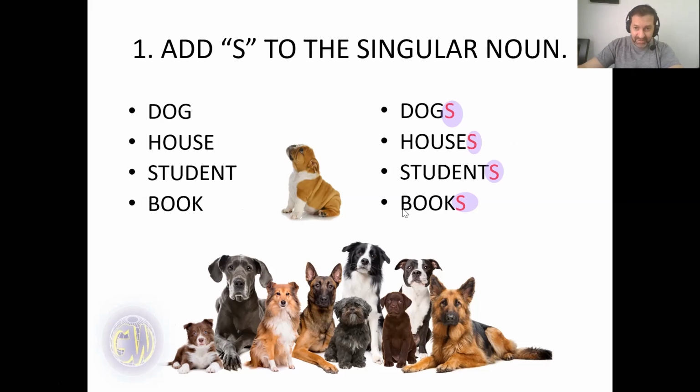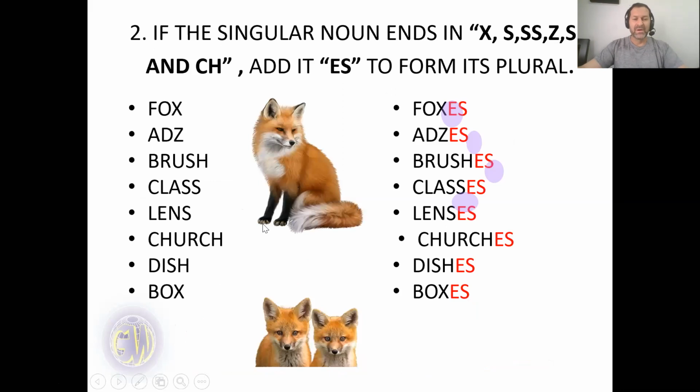Here we have another rule. Rule number two. It says if the singular noun ends in x, s, double s, z, sh, and ch, add es to form the plural.